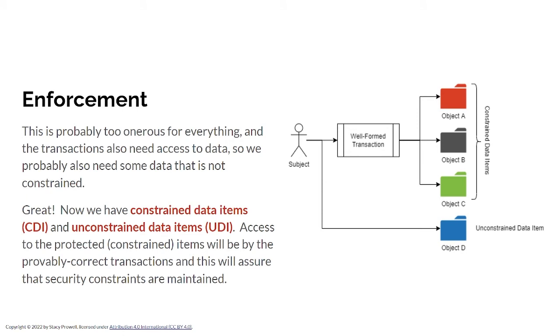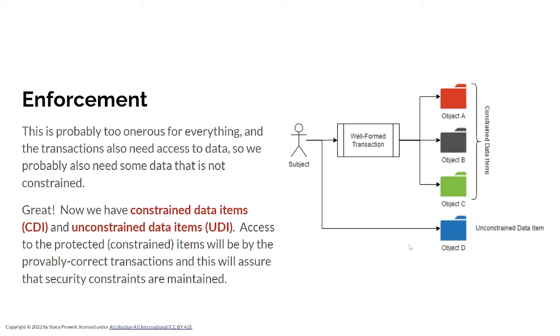Enforcement, well, this is probably too onerous for everything. There's lots of things where maybe this is too much. And there could be a couple different reasons. Maybe there's some data that we don't care about. It's not really meant to be secure data, so we don't need to go through this process for it. And maybe these transactions need themselves to have access to data, and that would probably be some other data.